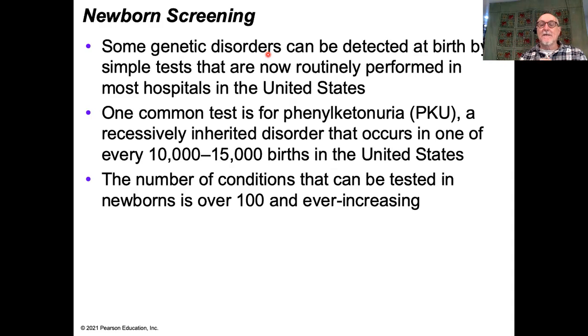An example of this is the disease called phenylketonuria, which is a recessively inherited disorder, and it is more common in Semitic peoples, Jewish people, Arab. For some reason it tends to be more common there. That doesn't say it doesn't occur elsewhere. It does, but it's much more common in those populations.